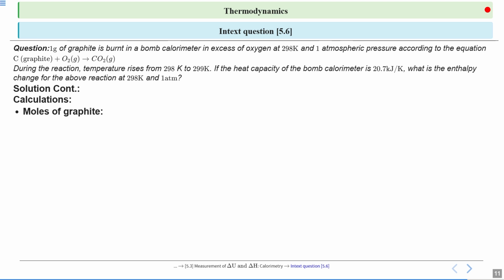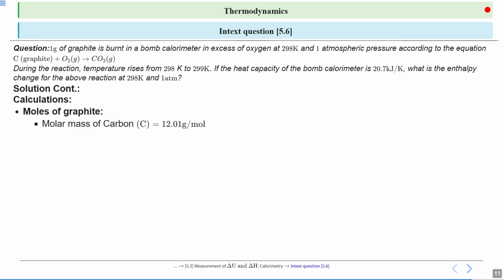Before that, one thing is very important. Although in this question we don't have to calculate the enthalpy change in a certain unit, you will use the standard convention, according to which the enthalpy change is always in terms of per mole. And here we are getting it for 1 gram.